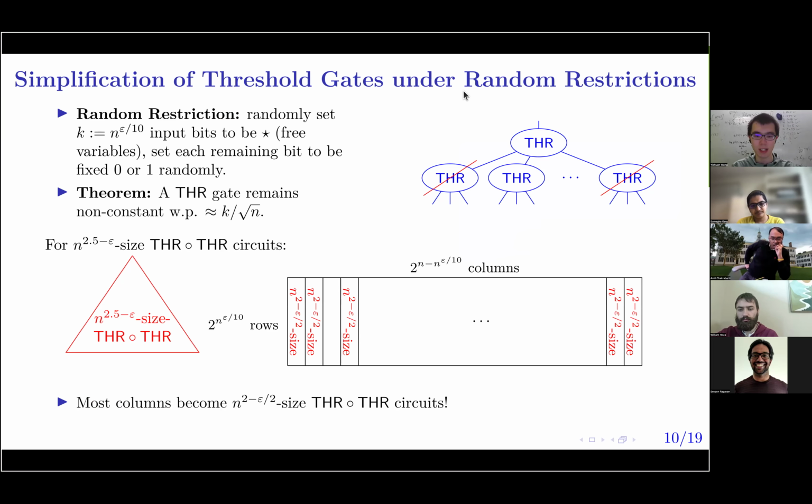So most of the columns are simplified to approximately n squared size circuits. After this random restriction, on average only 1 over square root n of the gates survive. So on average, each column simplifies to n squared size, and then by some Markov inequality, you can show that most columns simplify to n squared size.